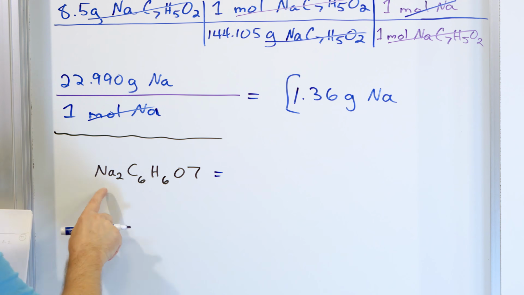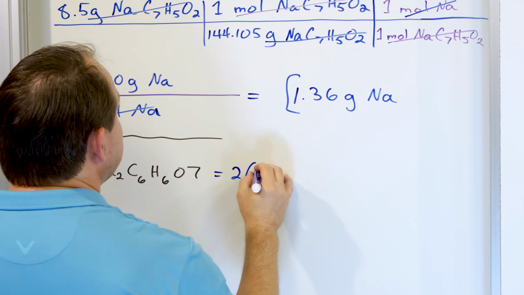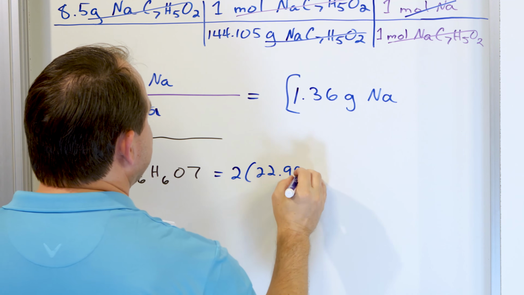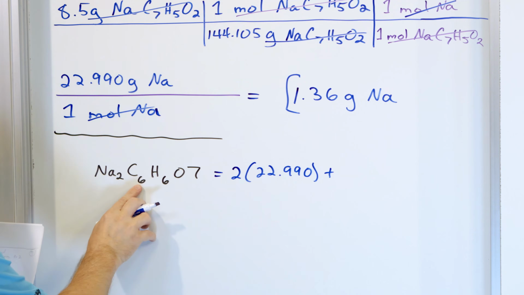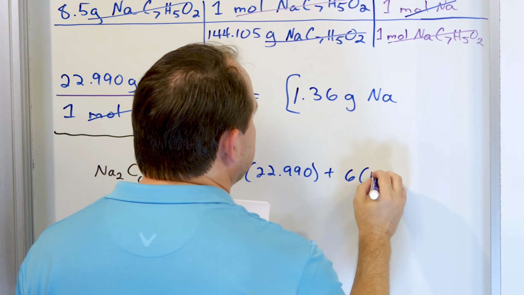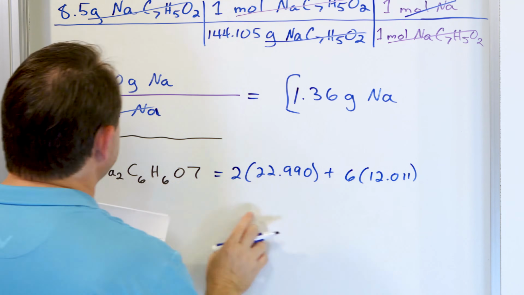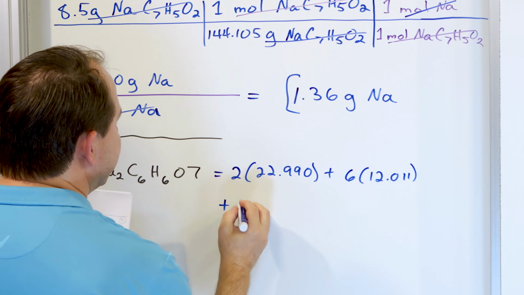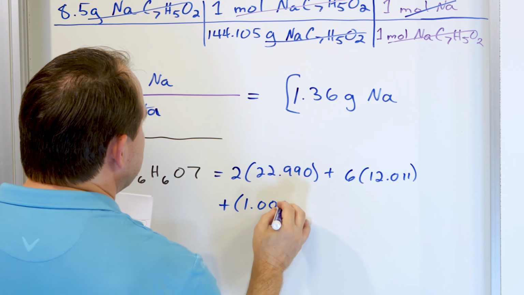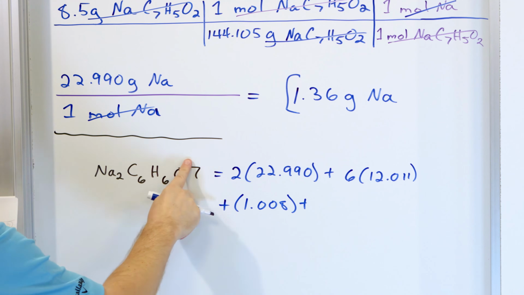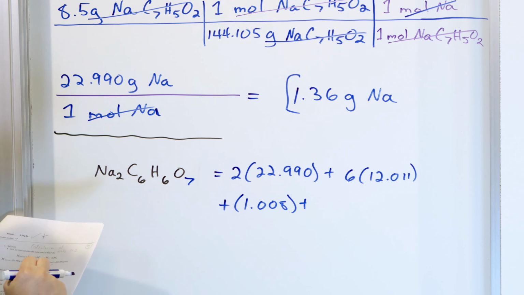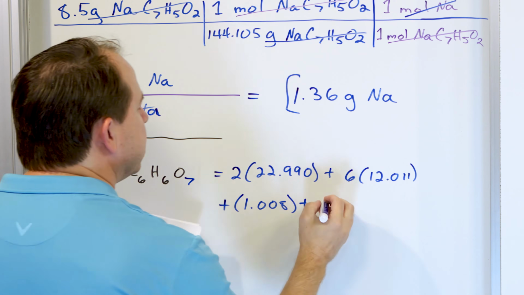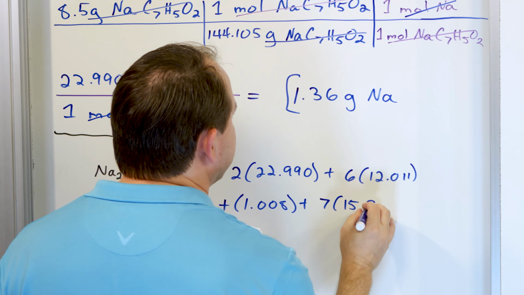So we have 2 atoms of sodium here. So 2 times the 22.990, that comes right from the periodic table. We have 6 atoms of carbon, and that's 12.011 grams per mole. We have 6 atoms of hydrogen, we'll continue on the next line, 1.008 grams per mole. And then we have O7 right here. That's going to be 7 times 15.999.